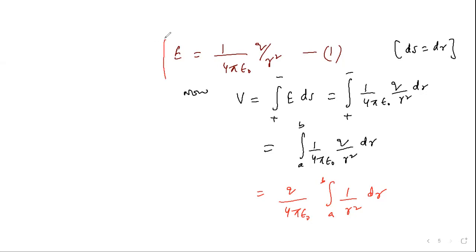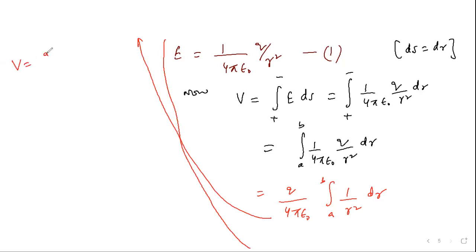So when you solve this integral, you will get V equal to q by 4 pi epsilon naught times 1 by a minus 1 by b. Check it right here. Check it.